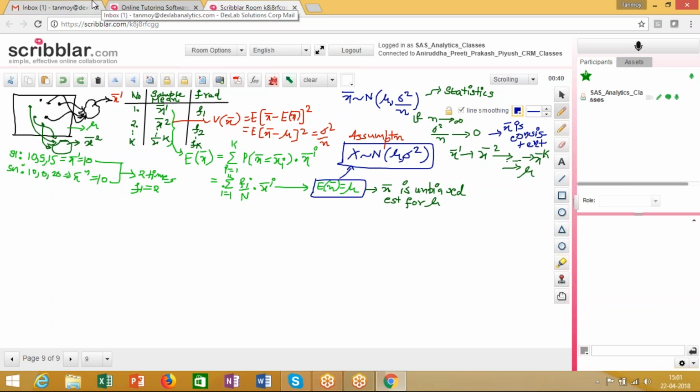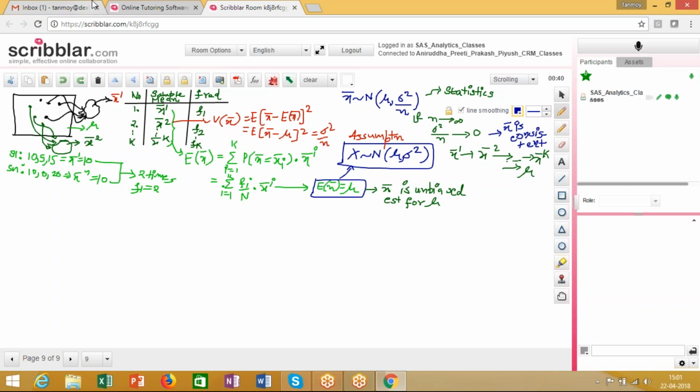So these are the reasons as to why we are saying that sample mean is a good estimator, right? But then why not sample median? Why not construct the sample median as an estimator for the population mean? So what is the problem if sample median is taken?